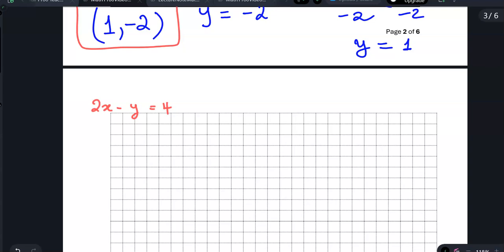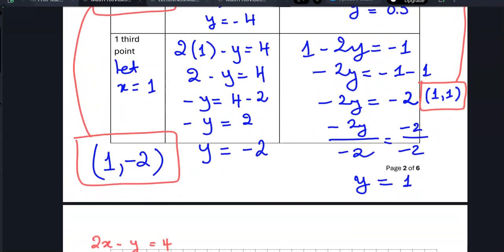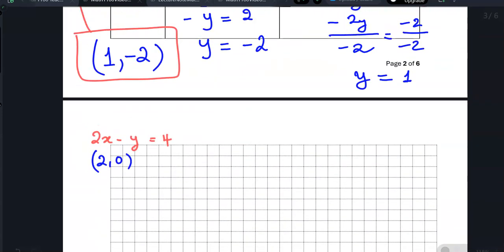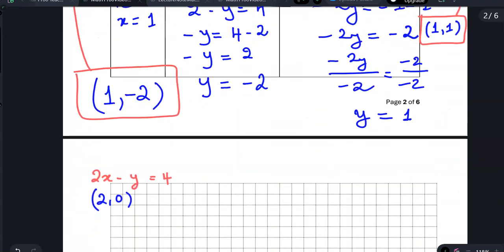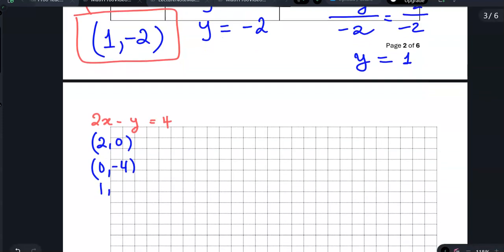The three points that I have for this particular one are 2 and 0, and then 0 and negative 4, and then 1 and negative 2.